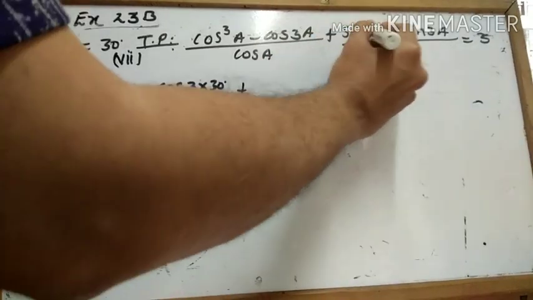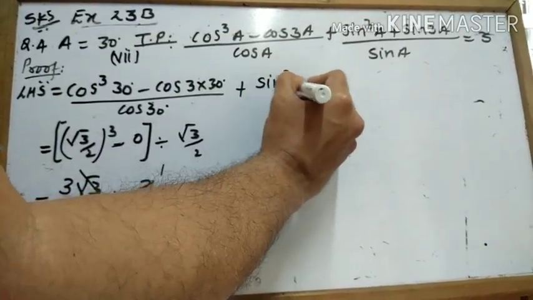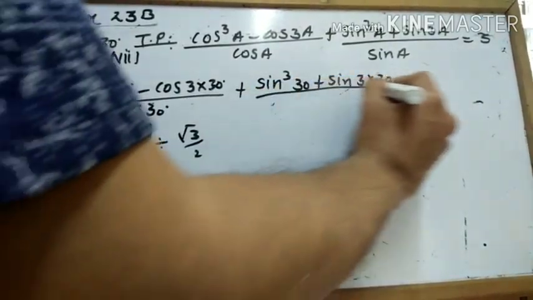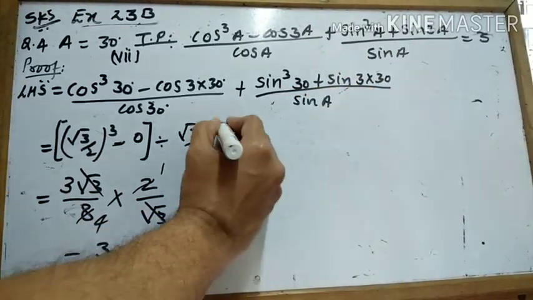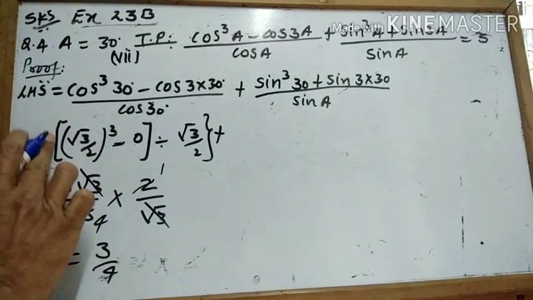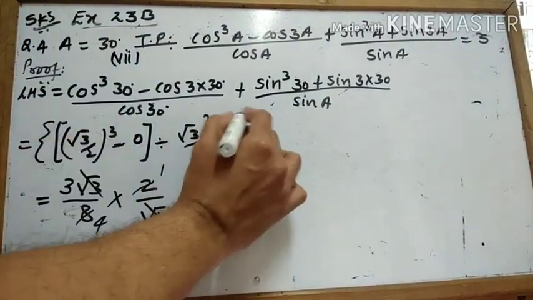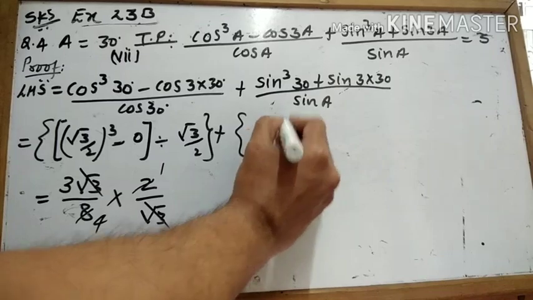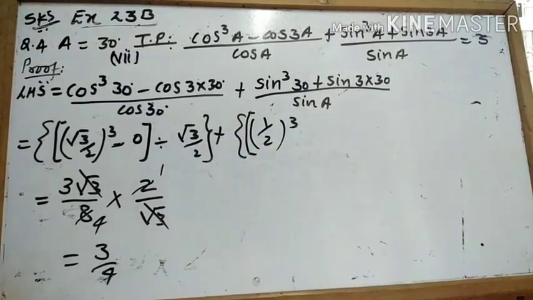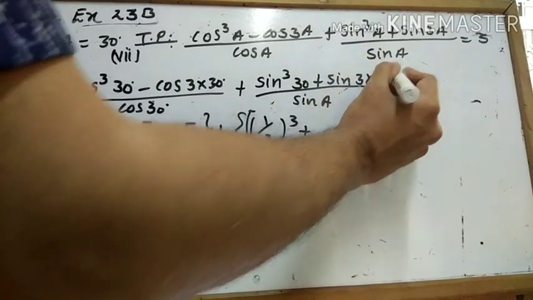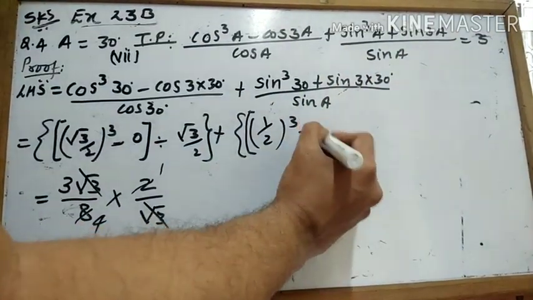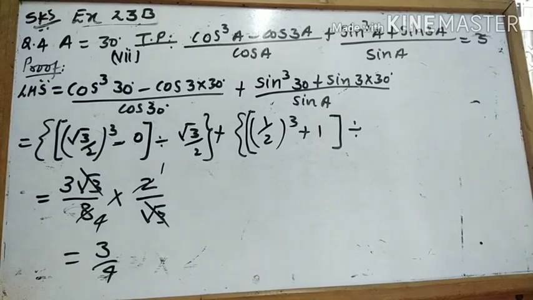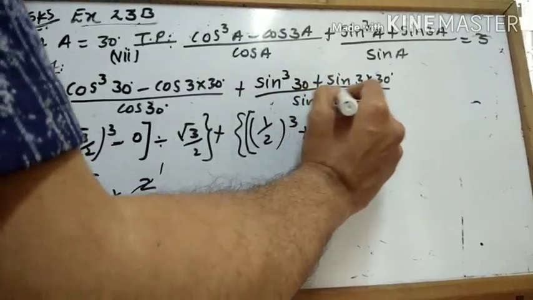It is sine cube A, that is sine cube 30, plus sine 3A, divided by sine A. Sine cube 30, sine 30 is half, so this will be half cubed, plus 3 into 30 is 90, sine 90 is 1, so this is 1, divided by sine A. Sine A is nothing else but sine 30, it is half.